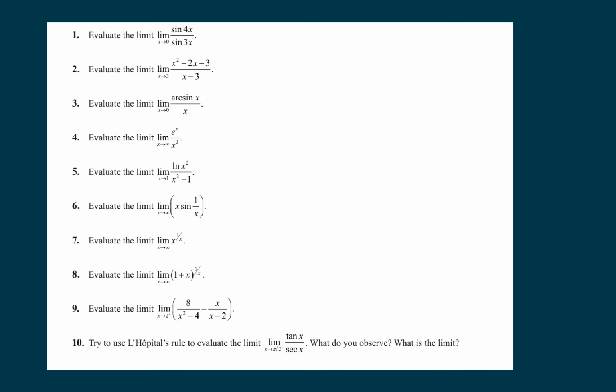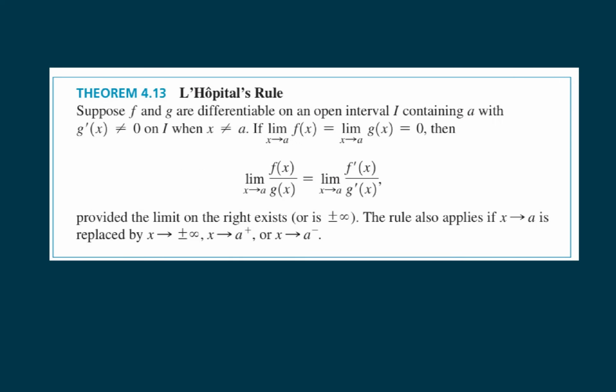So what does L'Hopital's rule say? If you have two functions f and g, and the limit of the quotient of these functions when x goes to a is of the form 0 divided by 0 or infinity divided by infinity, you can apply L'Hopital's rule.